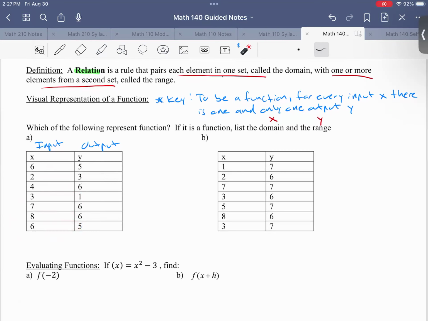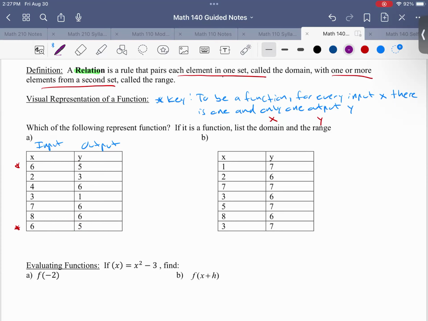One thing here is that we see six double counted. We have an input of six in two places, but they're both going to five. So this one input is still going to the same output. So it's okay.